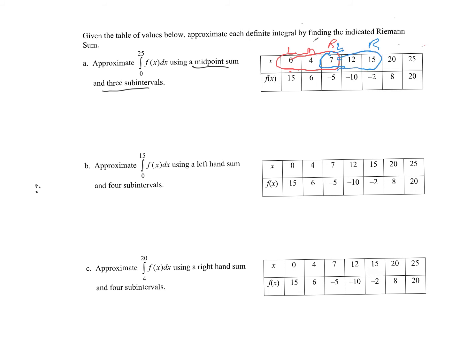That becomes the right of the second rectangle. And then the right becomes the left of the third rectangle. Left, right, and this was my left, and it was right there. So you can find the midpoints each time.